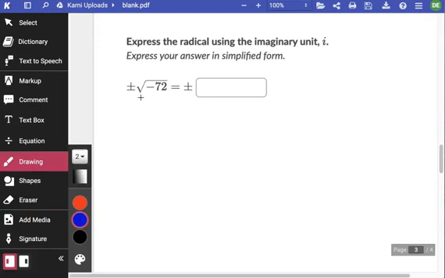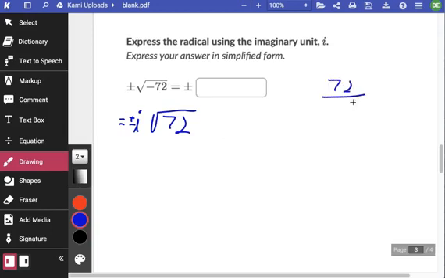Okay, here we have positive and negative square root of negative 72. Let's take care of the negative sign first again. And that leaves us with the square root of 72, but we need to pause and check to see if 72 has a perfect square as a factor.